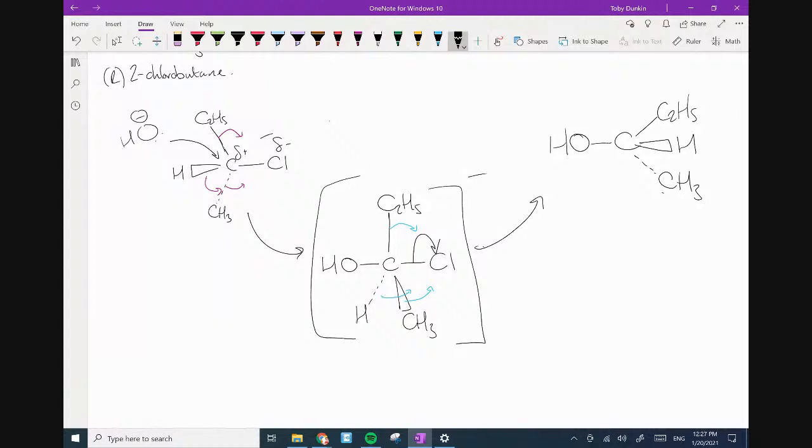Oh, I think I did the wrong thing. So just to try and show this in the molecule model, and then the CH3 will now just be normal.